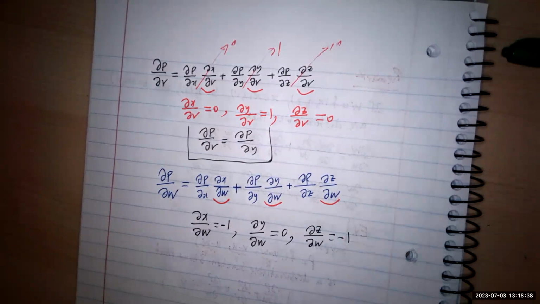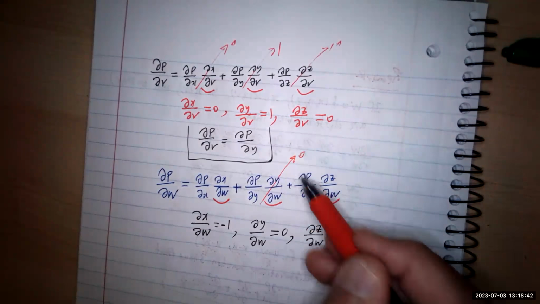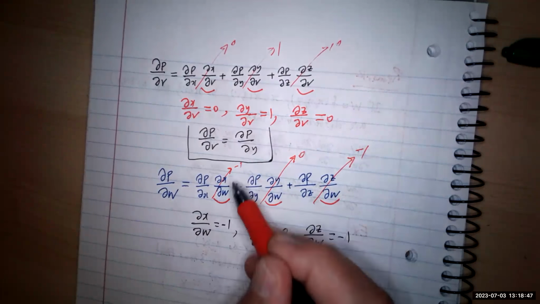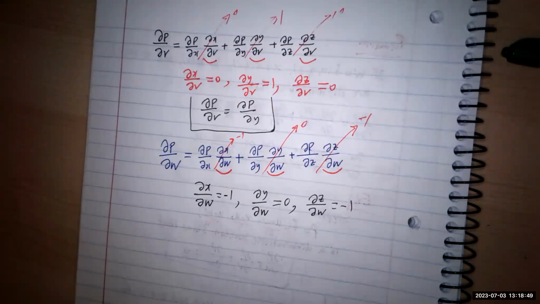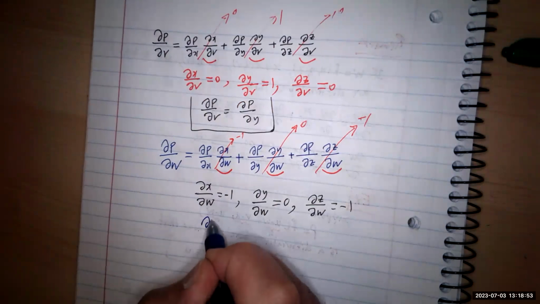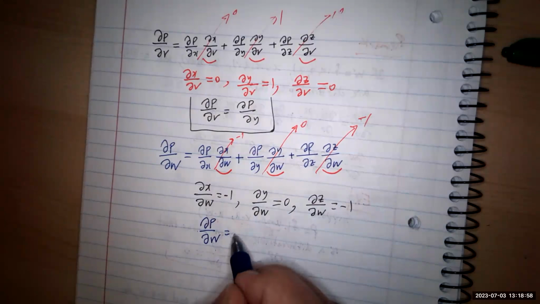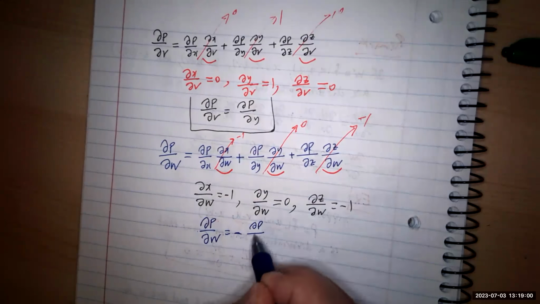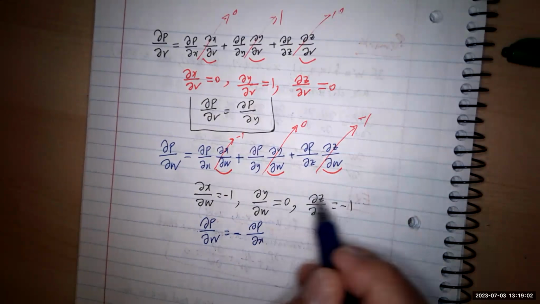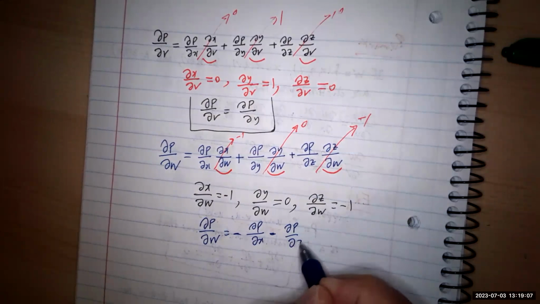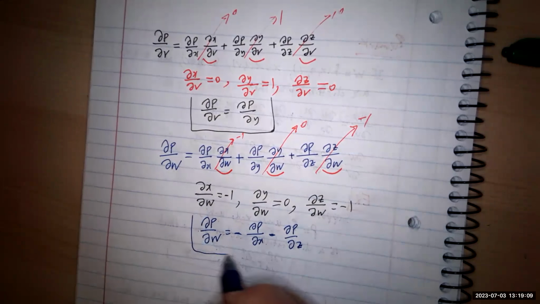That's it. So this would be 0, would be out. This last one is a -1, and this is also a -1. So what's going to be the conclusion? The conclusion is that ∂P/∂W is going to be equal to negative ∂P/∂X, the middle one would be out, minus again ∂P/∂Z. Okay, that's it.